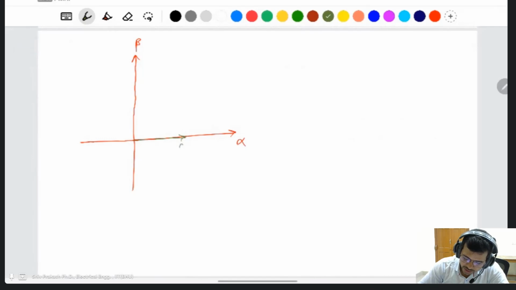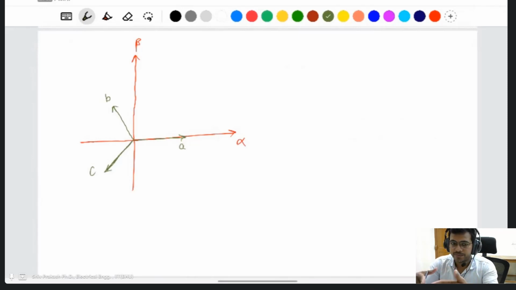This is A, this is B, this is C. In a three phase AC system, if the voltage magnitudes are the same, then the resultant vector is 3 by 2 of Vm.